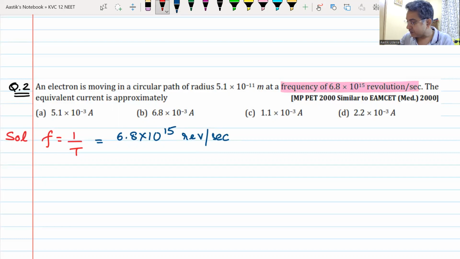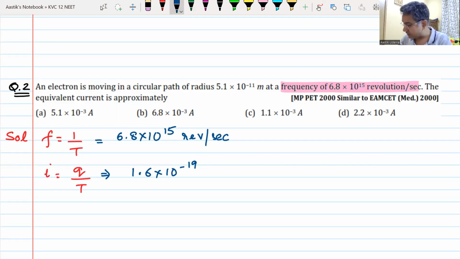You must know that current is total charge divided by the time period in this case. So it becomes how much? Q, the charge of an electron, 1.6 into 10 raised to the power minus 19, divided by T, which is the same as multiplication by 1 by T. So I just multiply this by 6.8 into 10 raised to the power 15, and then you can easily see which option you will get.